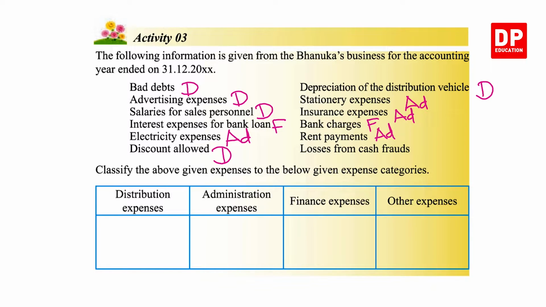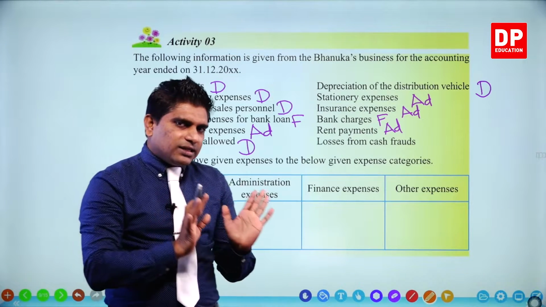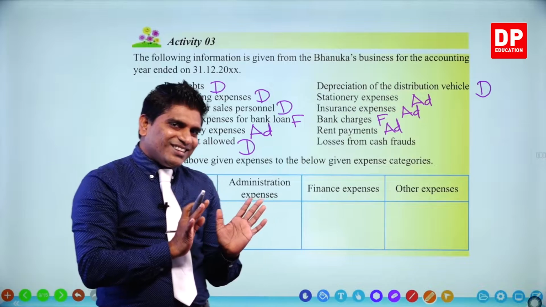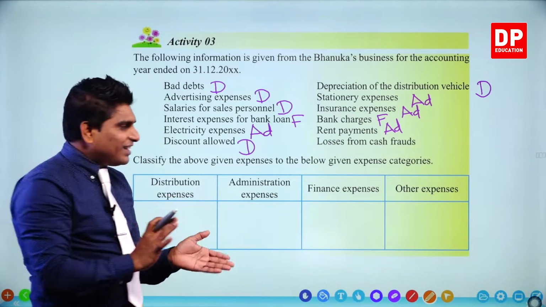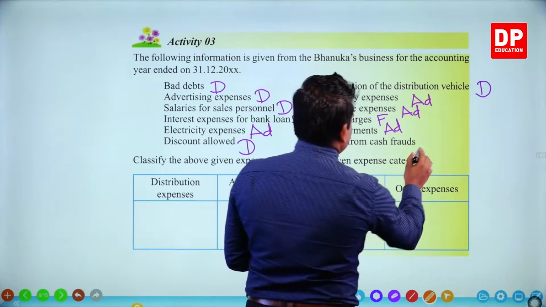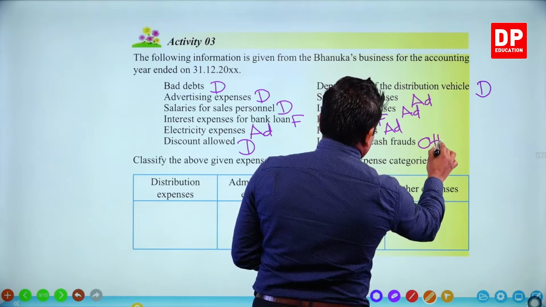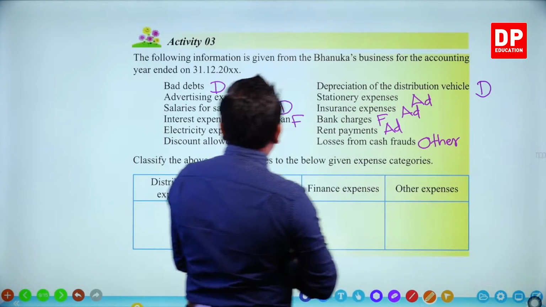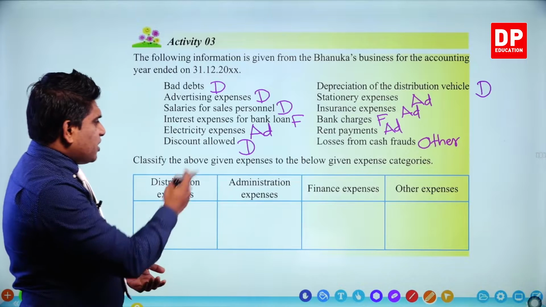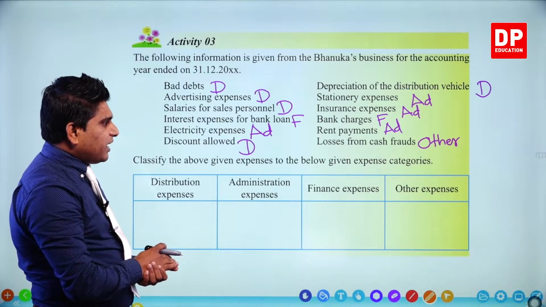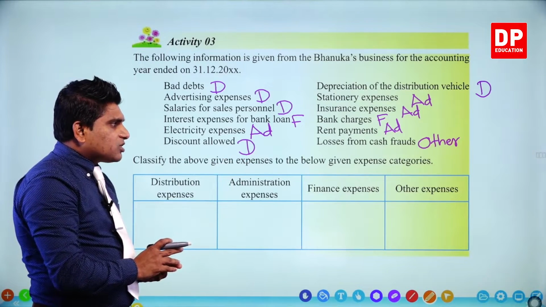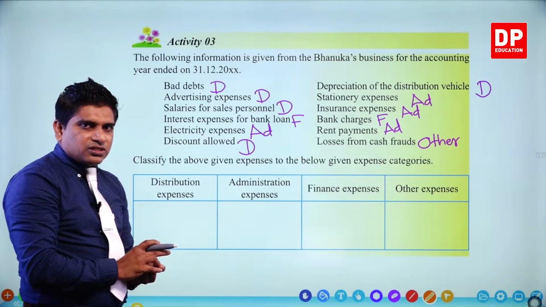Losses from cash frauds, where? Financial or other, right? It comes under other. I think only one expense comes under the other expense category, it is losses from cash frauds, right?